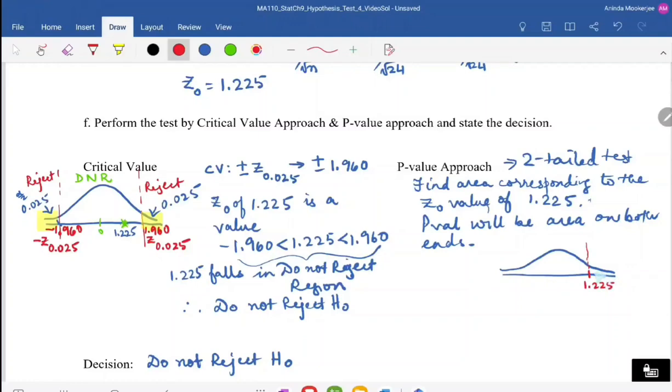We have to find this area to the right, but we will need to multiply that by 2, all right, because negative 1.225 will also have an area to its left. This is a two-tailed test. So if we look up our table, all right, let's go to our table again.